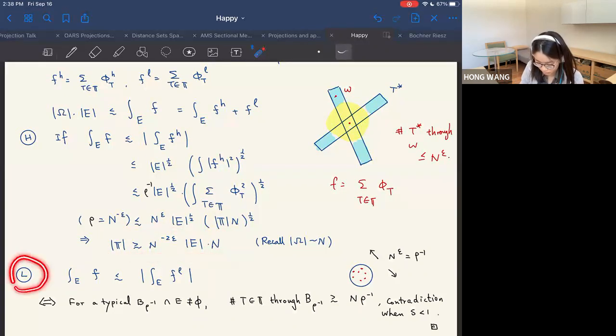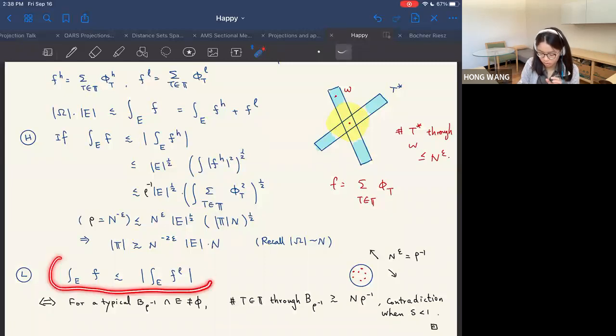But what happens if the low frequency part dominates? In general, for instance problems, if the low frequency part dominates, in our imagination the tubes are clustered together, so many thin tubes are inside a thick tube. But in this case, since the set that we are integrating over, our underlying E, has dimension smaller than 1, this case does not really happen.